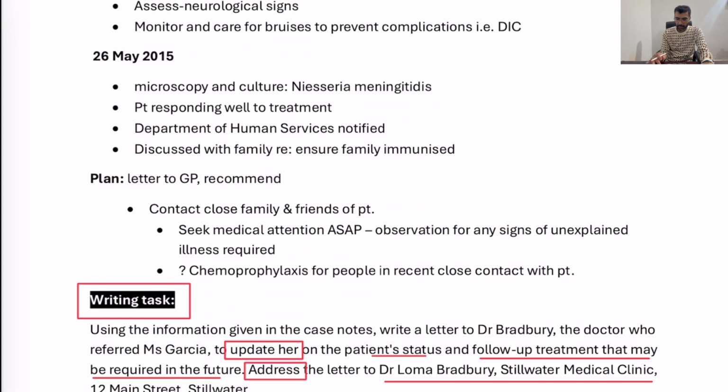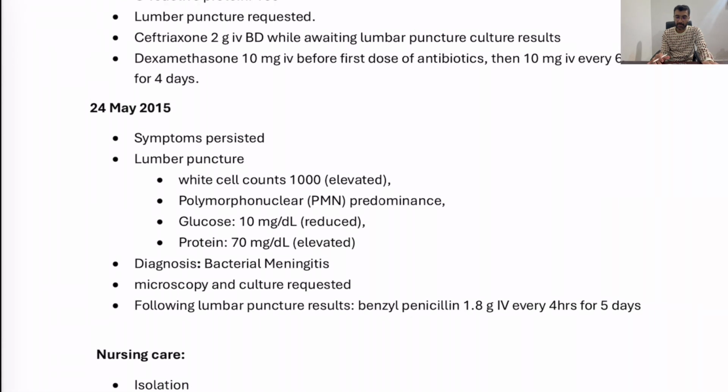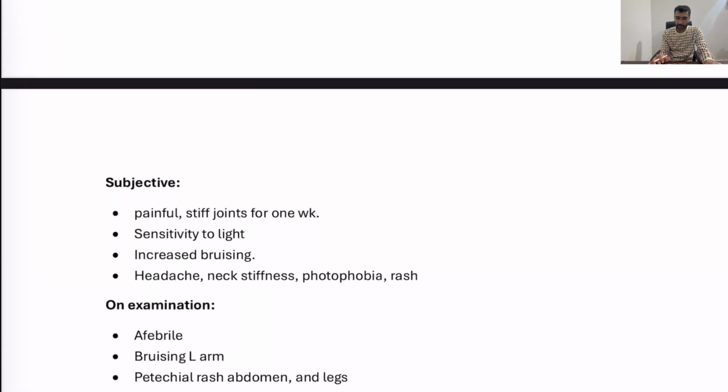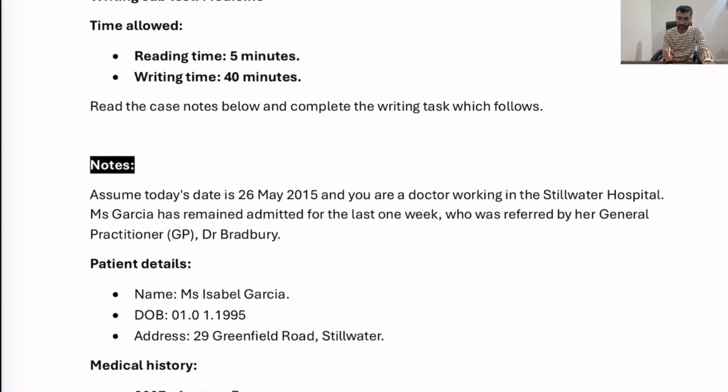Next thing to read is the notes, which is given at the start. Assume today's date is 12 May 2015. You are a doctor working in Stillwater Hospital.